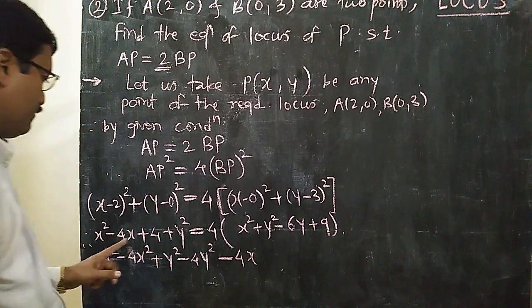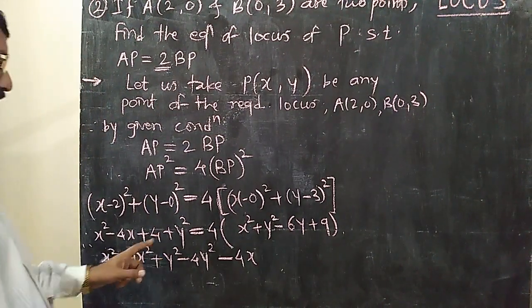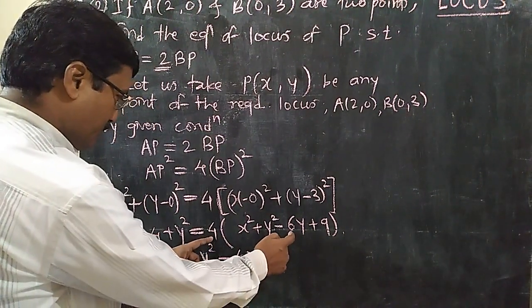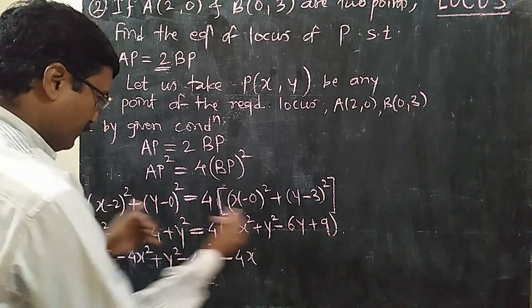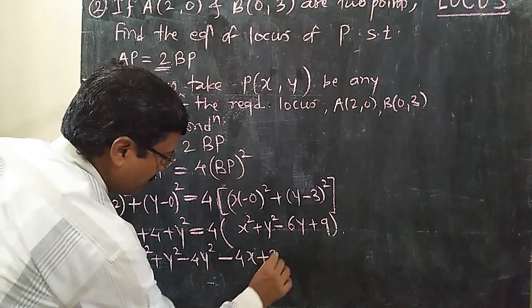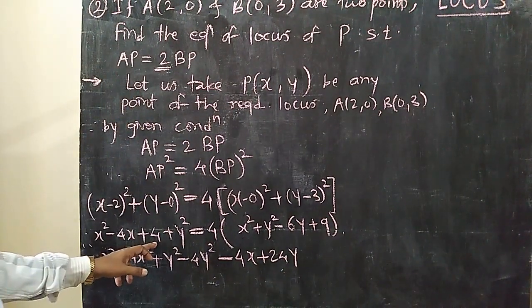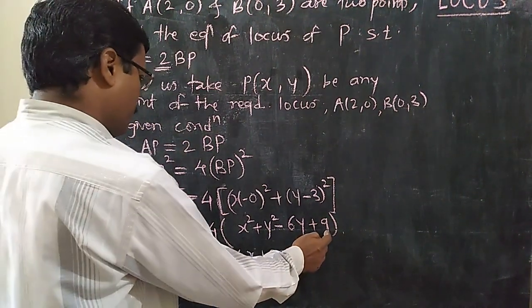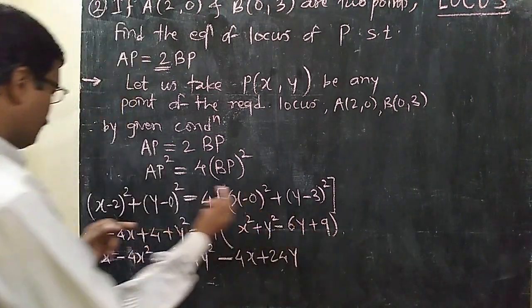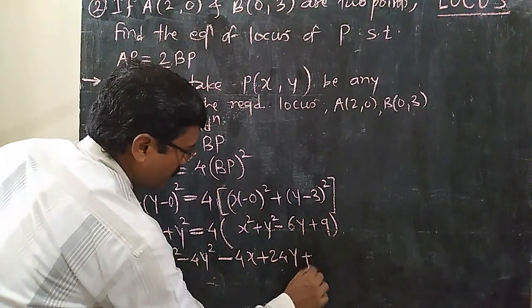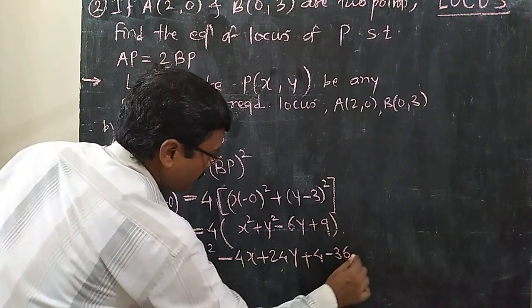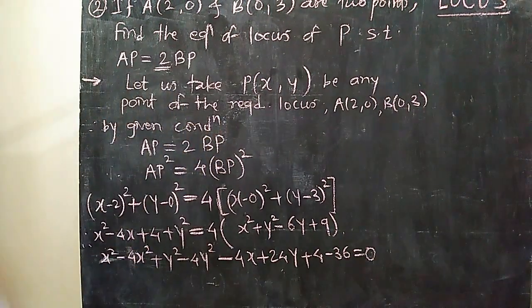There is no x term here, and no y term on the left, but on the right there is a y term, minus 24y. Taking it to the left it becomes plus 24y. The constant is 4 here and 36 on the right, so it becomes plus 4 minus 36 equal to 0.